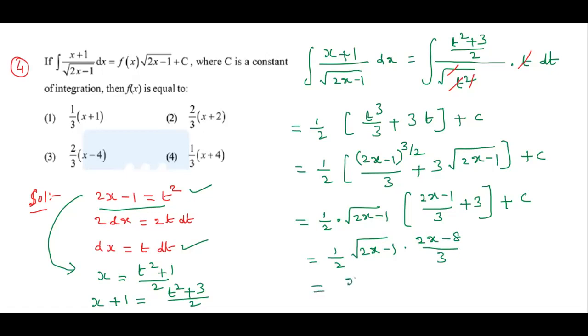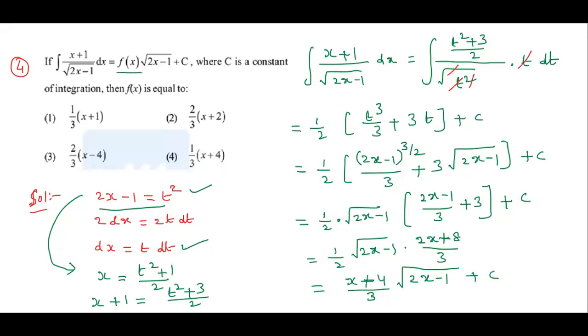Remaining is (x minus 4) divided by 3 into under root 2x minus 1 plus c. Here a small correction: here it will come plus, and here also plus.